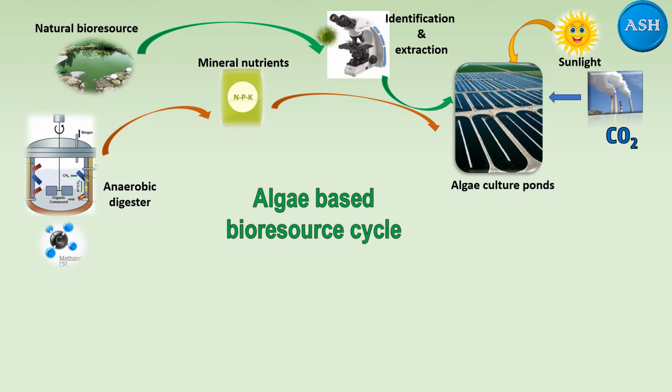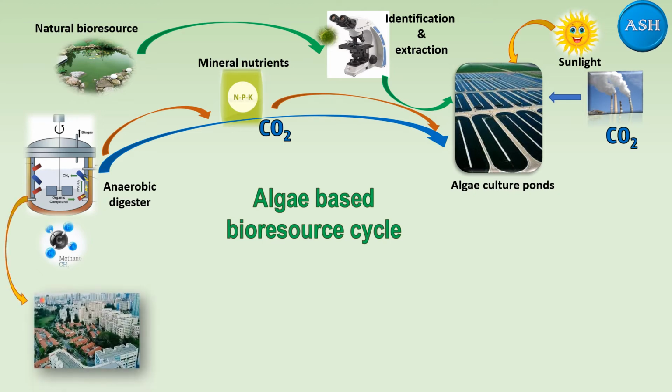You could also get mineral nutrients directly from the anaerobic digester, where the anaerobic digester is used for the production of biogas such as methane. So from here we get methane and also CO2. That CO2 and the different mineral nutrients can be used directly in the algae culture ponds.